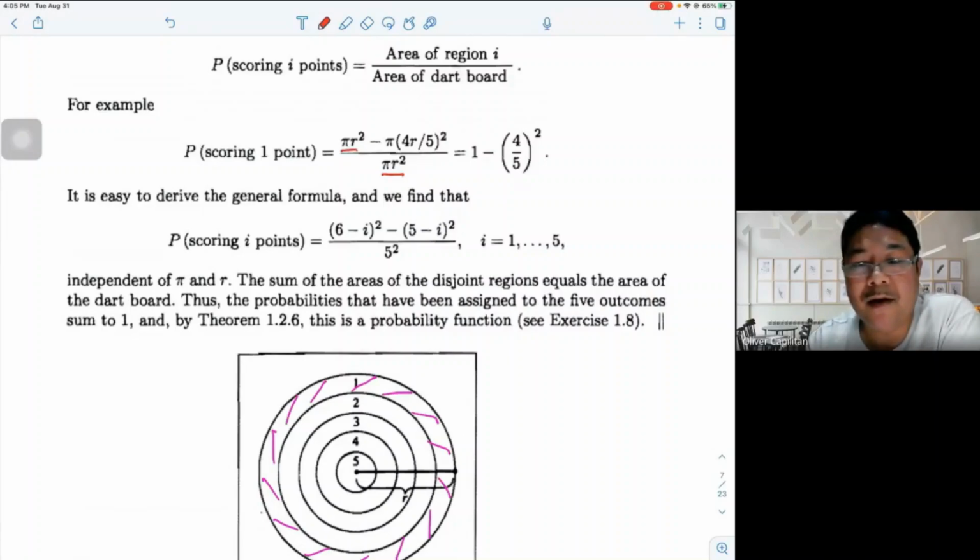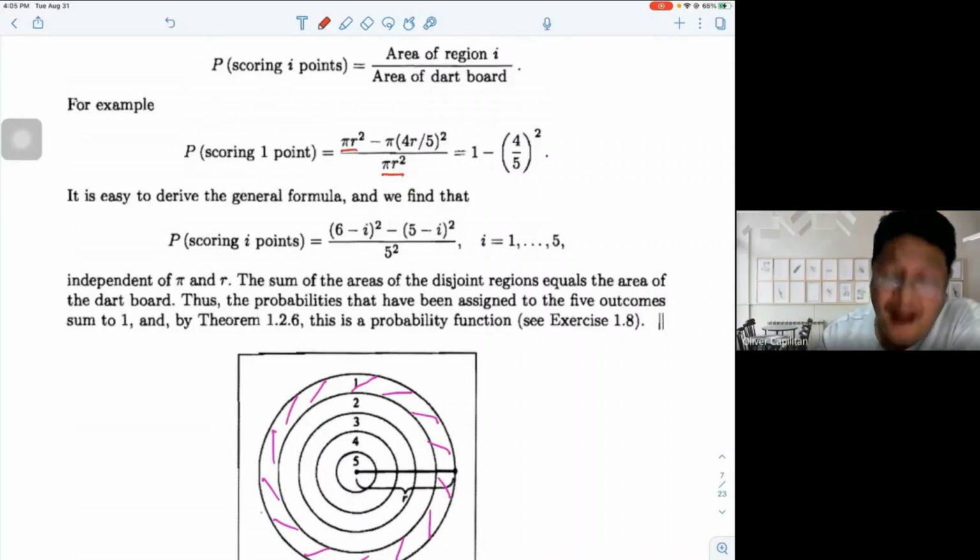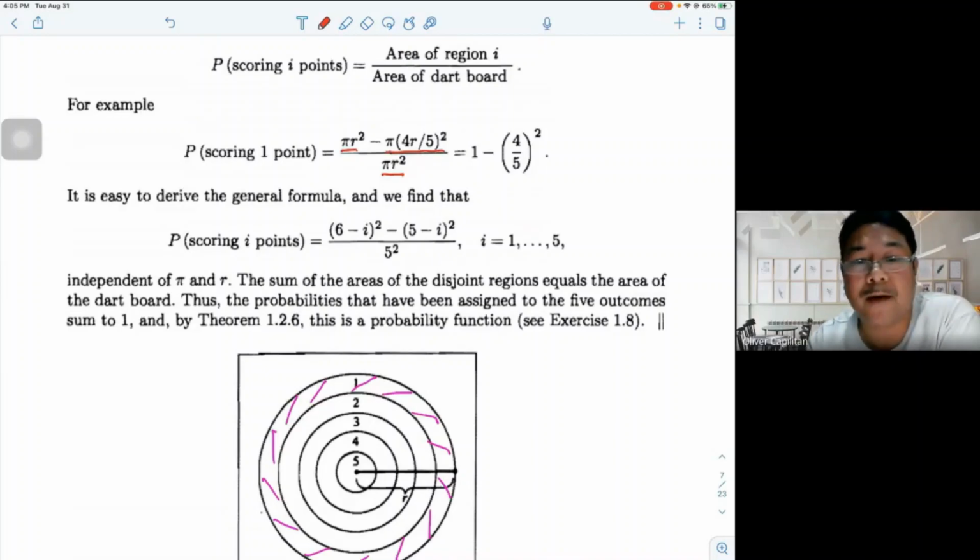So taking the area of that circle containing regions 2, 3, 4, and 5, we have pi times the radius 4r over 5, squared.